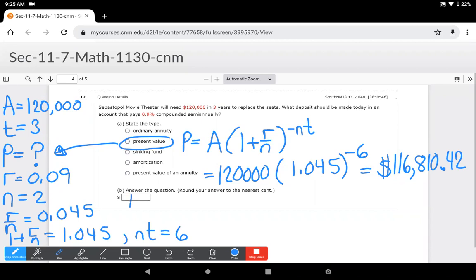So in order to have $120,000 to fix the seats, we're going to want to have this much in the account right now, right? So we should go deposit this amount. That way we can fix the seats in 3 years, right? So that was a present value.